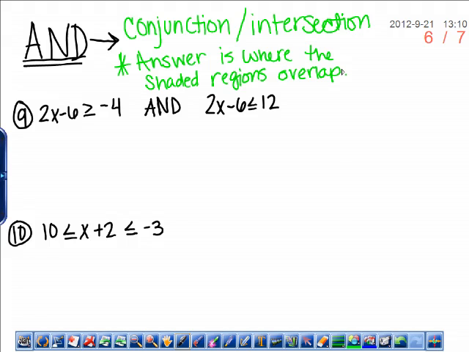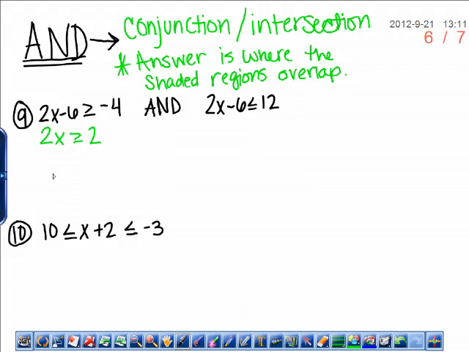Okay. So look at number 9. We have 2x minus 6 is greater than or equal to negative 4, and 2x minus 6 is less than or equal to 12. All right, so we're going to go ahead and solve. Add 6 to both sides, and I get 2x is greater than or equal to 2.